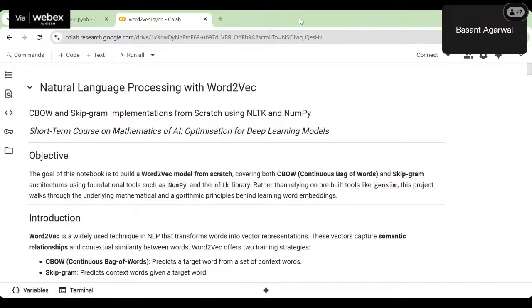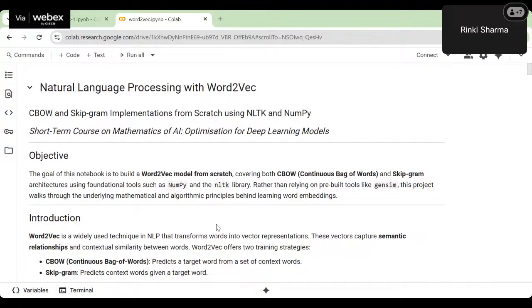Welcome everyone again to the hands-on session on language modeling and embedding. As you have already seen the formation of word-to-vec model covering both the CBOW and skipgram architecture using the Gensim library, in this session we build a word-to-vec model from scratch, covering both CBOW and skipgram.